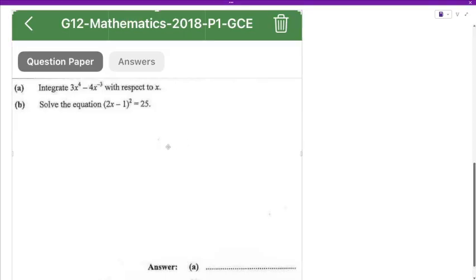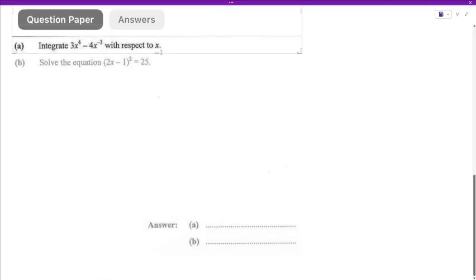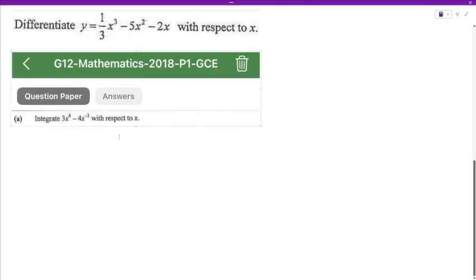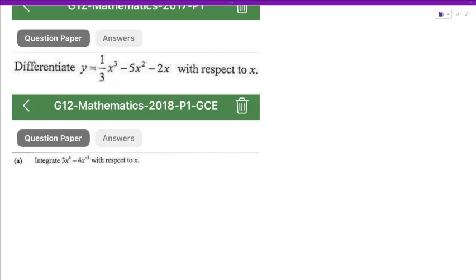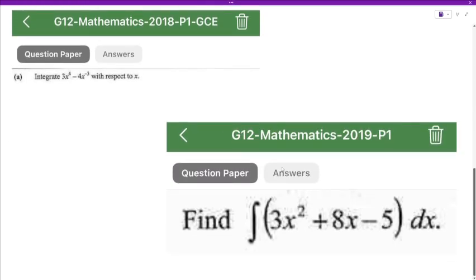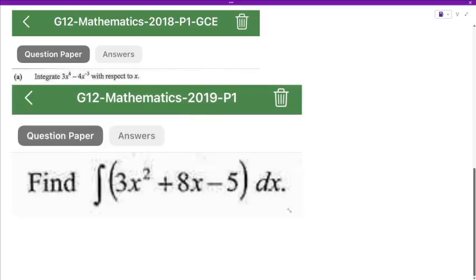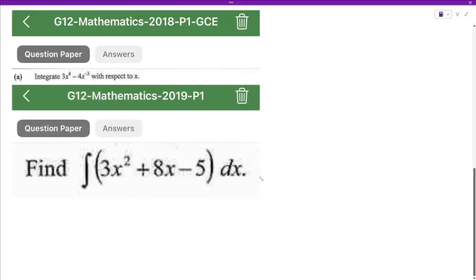Let me crop out the question on quadratic equations here. Okay, what else do we have? Okay, we have this one. And what else?